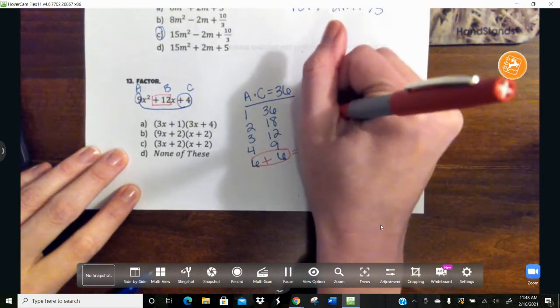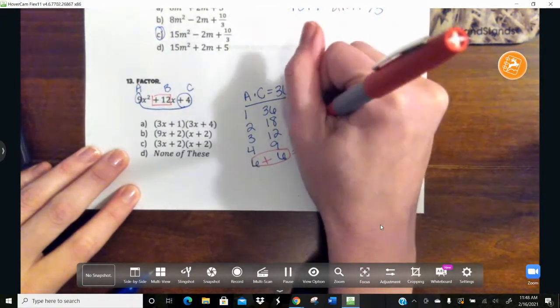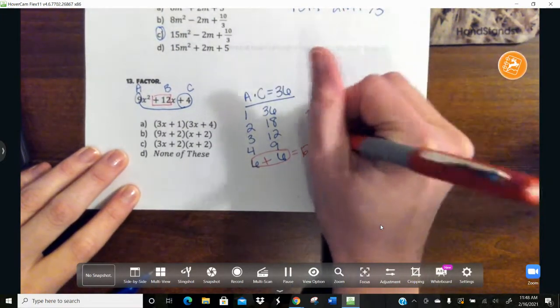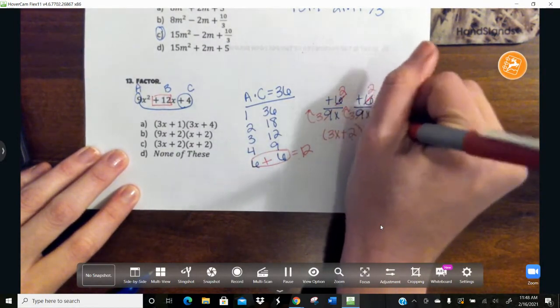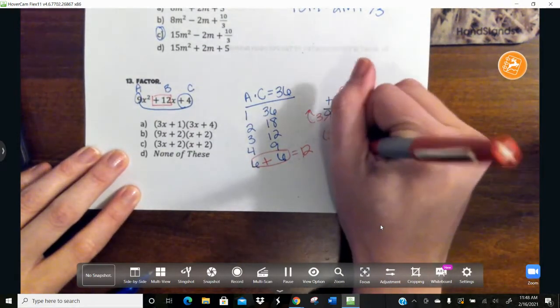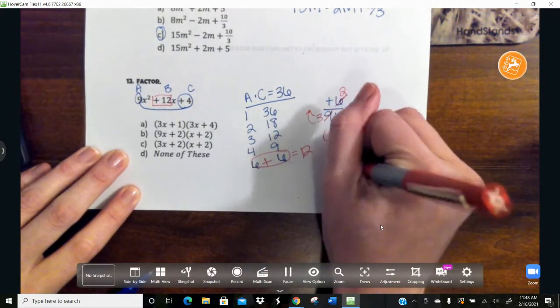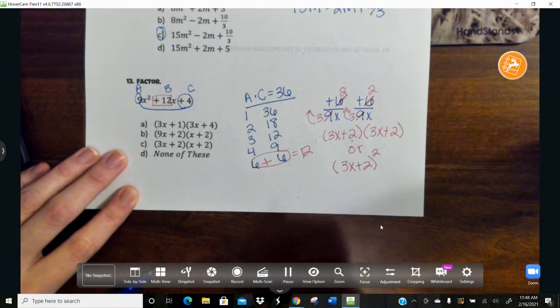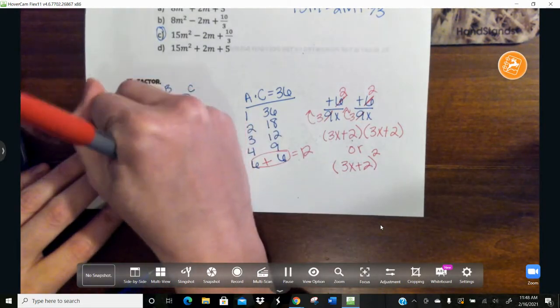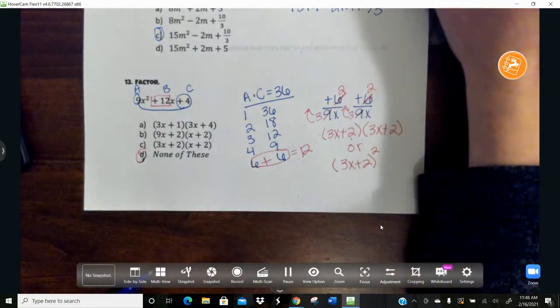The bottom will become 3. And then we go bottoms up. So I have 3x plus 2, 3x plus 2. Since they're exactly the same, we have 3x plus 2 twice. I look over here, it's not there, so our answer is none of these.